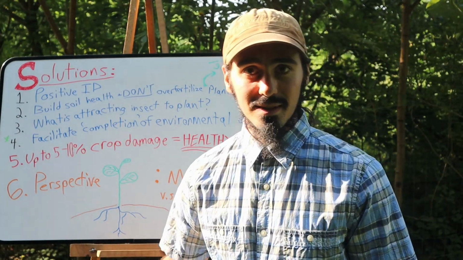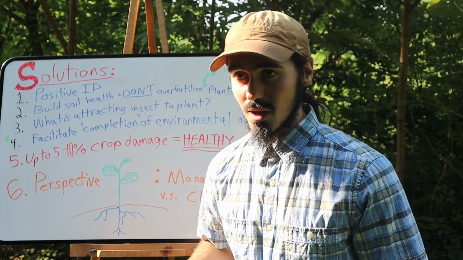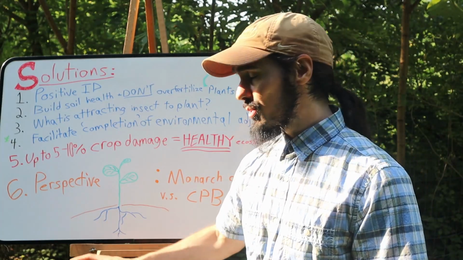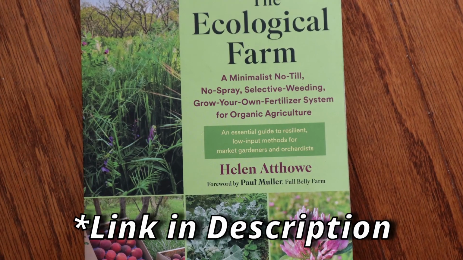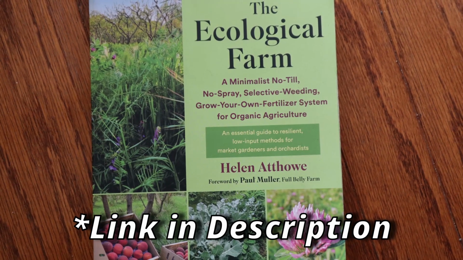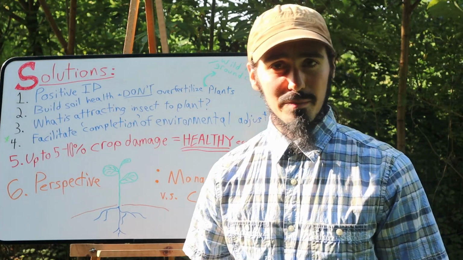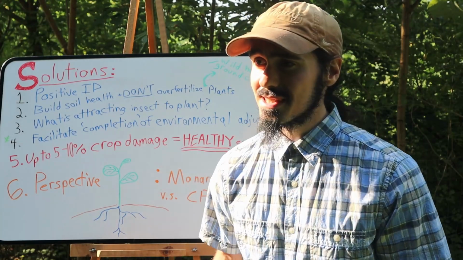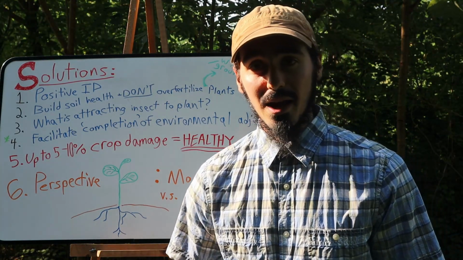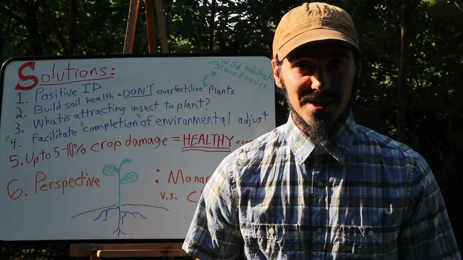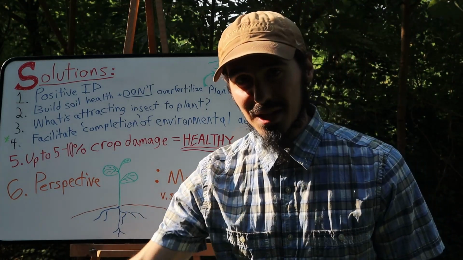So as Helen et al. in her book, The Ecological Farm, mentions, anywhere up to 5 to 10% of crop damage of any one crop is perfectly acceptable. And I know that might be a bit of a difficult statement here because we're so often focused, more often than not, out of necessity, on maximizing yield, right? Because we want to maximize profit.